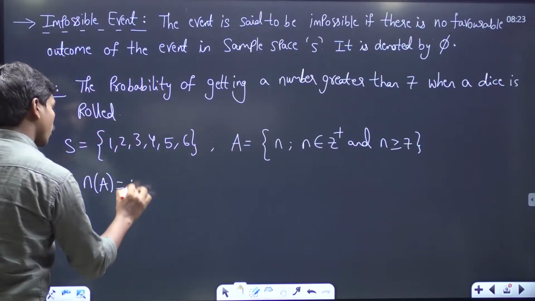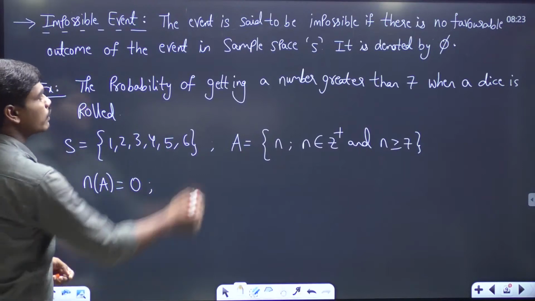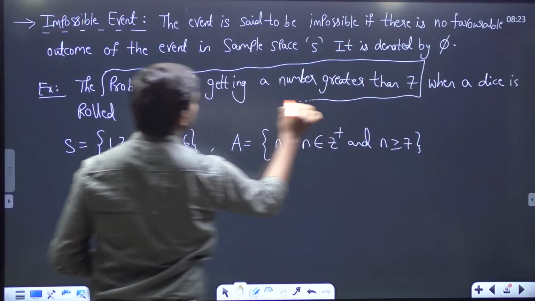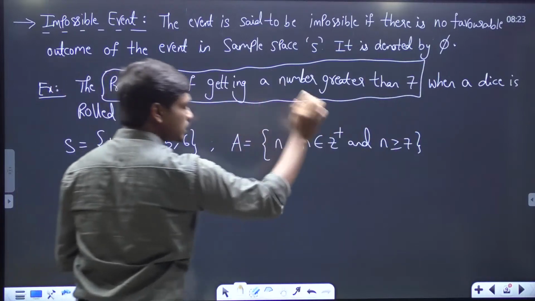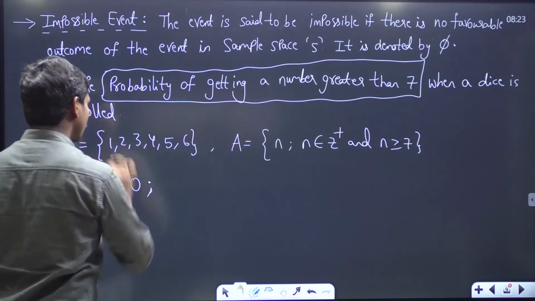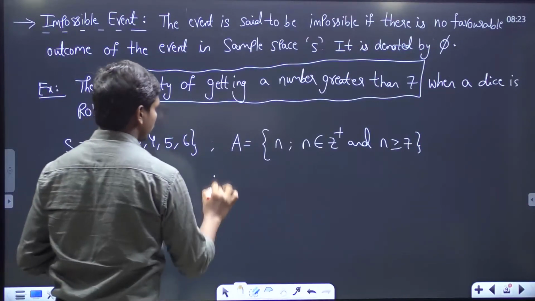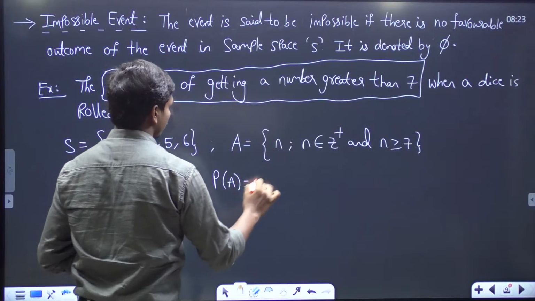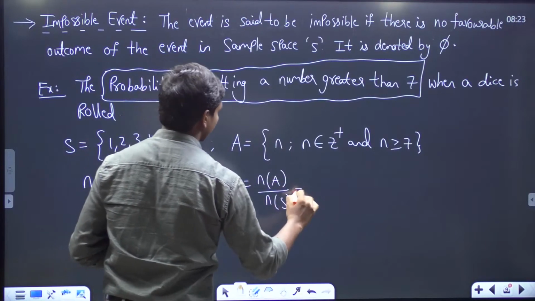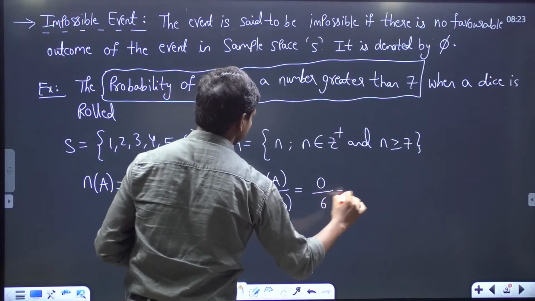The set continues 7, 8, 9, 10, 11, 12 and so on. No. So n of A is equal to 0, and we call this event an impossible event for this random experiment. So P of A is equal to n of A divided by n of S, which is 0 divided by 6, which is equal to 0.